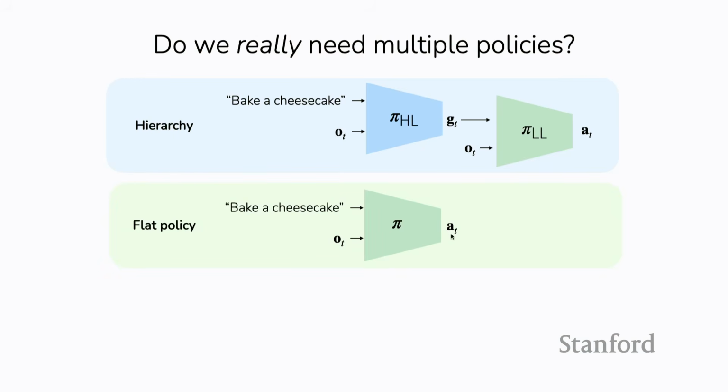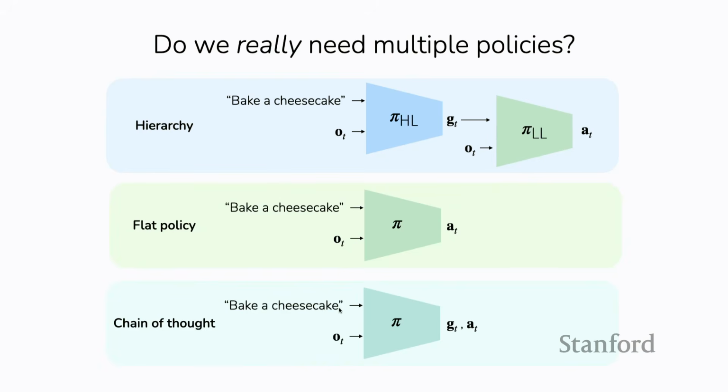There's actually also an intermediate approach that retains a lot of the benefits of hierarchy, and in some ways has a lot of the same design choices, which is a little bit like chain of thought in language models, if you're familiar with that. If you have some long horizon task, you could have the policy first reason through what goal or what subtask it should be completing, and then predict the low-level action. So this is combining these two policies into one, but now you're just predicting them in sequence. You're first predicting the goal and then the action.